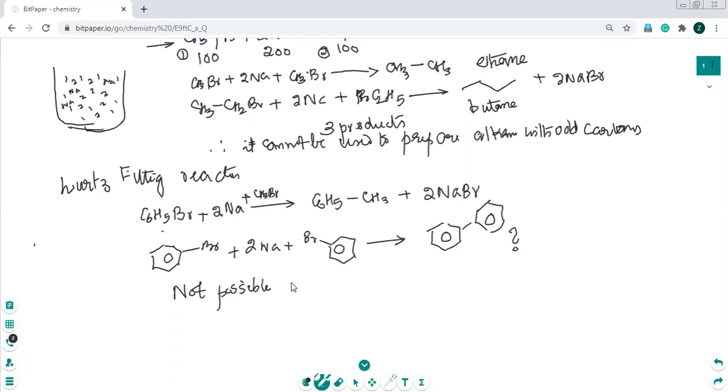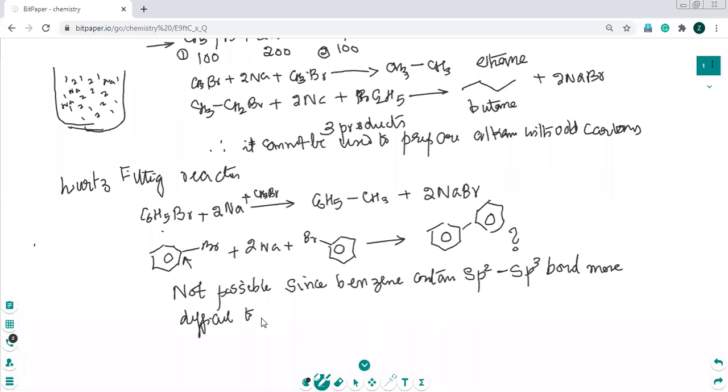What is the reason? Look at the reason. The reason is this is an sp2 carbon, because benzene contains double bonds, and the sp2 bond is more difficult to break than the sp3 bond in alkyl halide, in CH3Br.